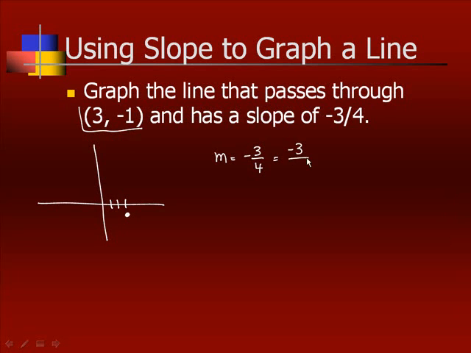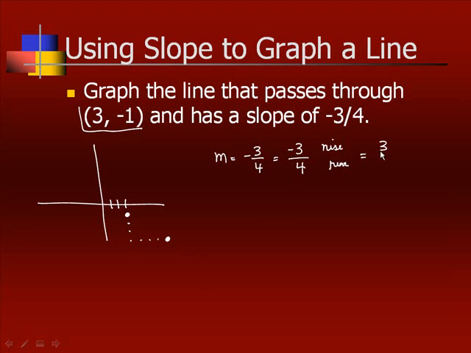I'm going to rewrite that as -3/4. And if you'll remember, this is rise over run. So from this point, we're going to rise -3, which means we're going to go down 3, and we're going to run 4. So there's the second point on the line. So if you look, you can see where that line would be.